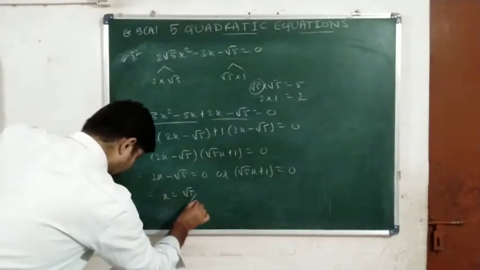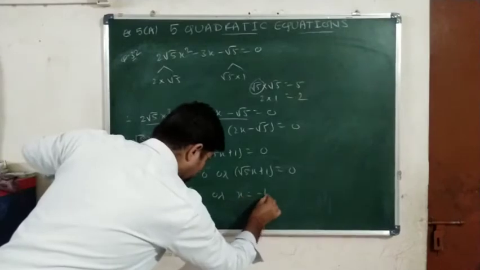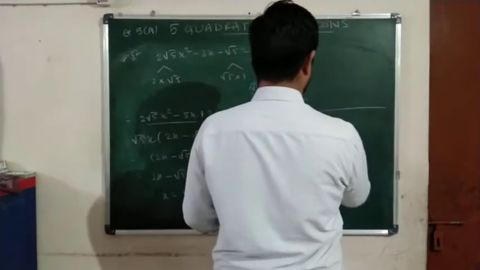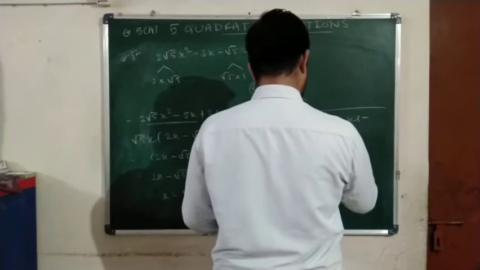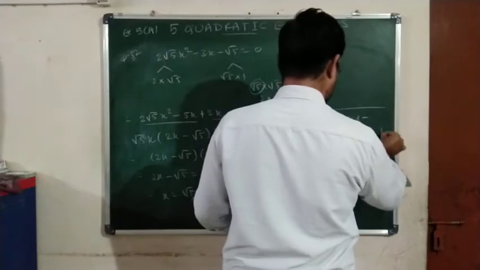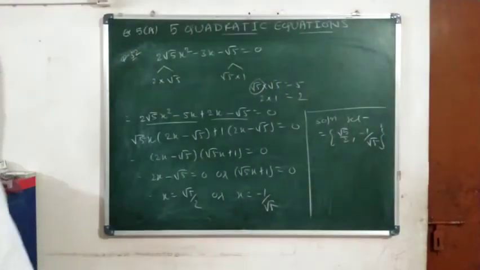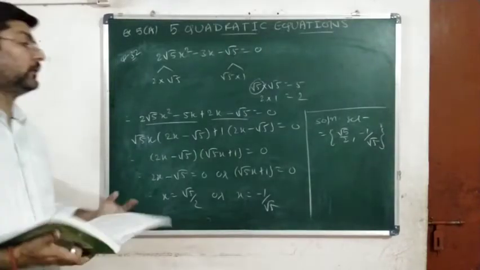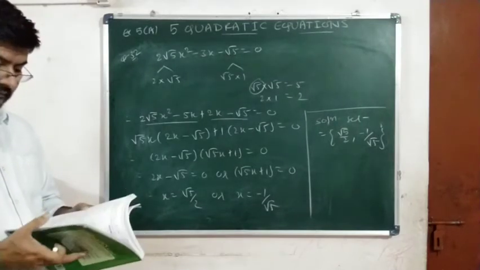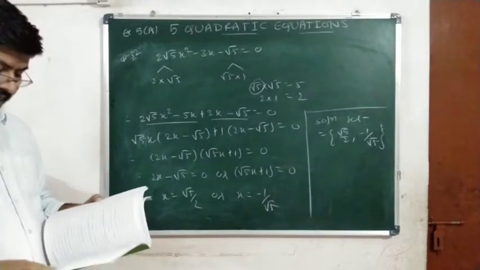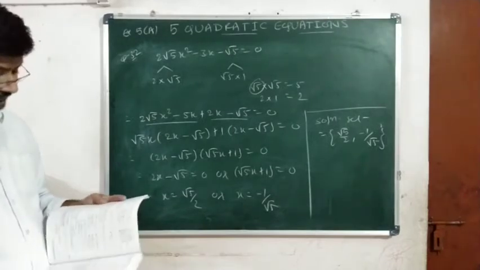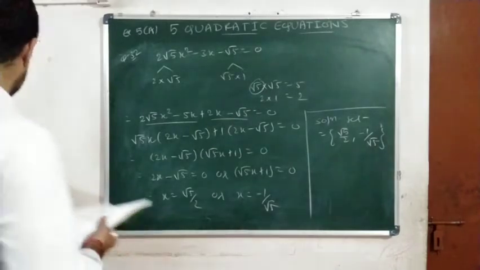Therefore x is equal to root 5 upon 2, or x is equal to minus 1 upon root 5, and therefore the solution set. Okay, now let us solve question number 33.